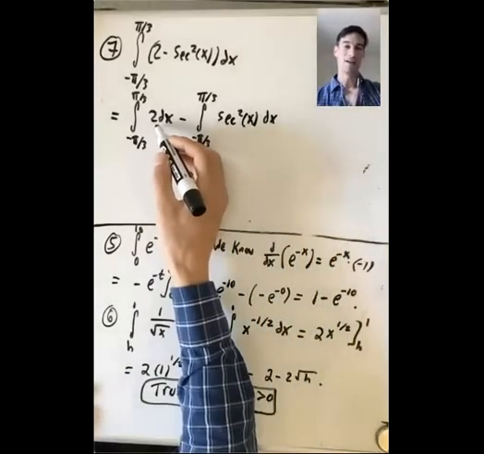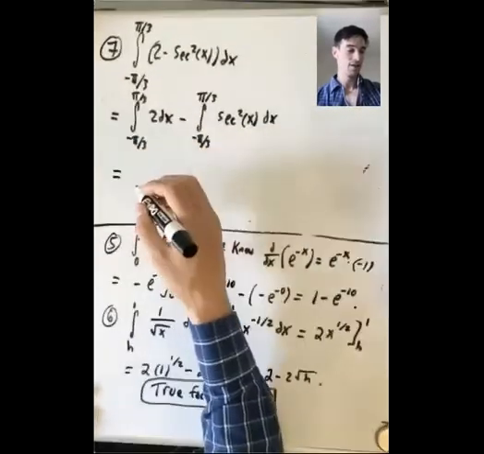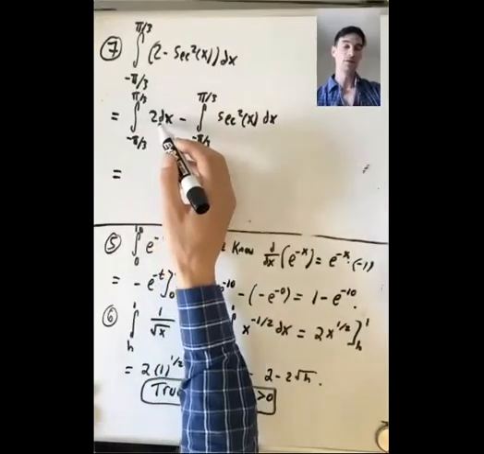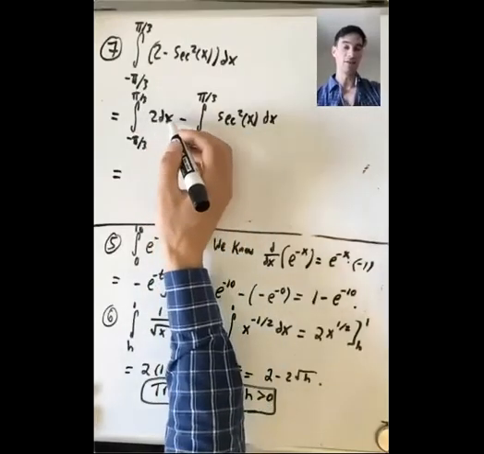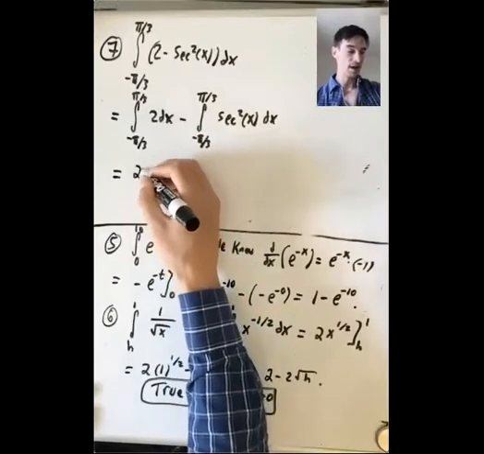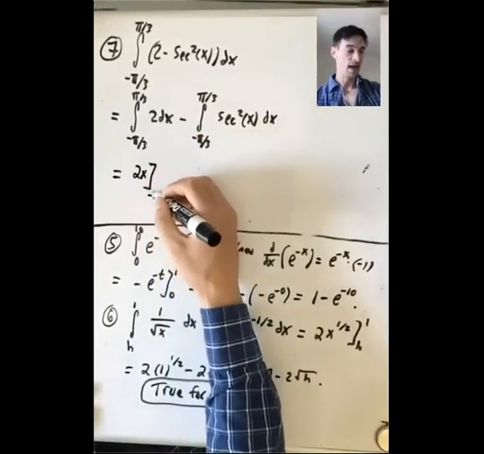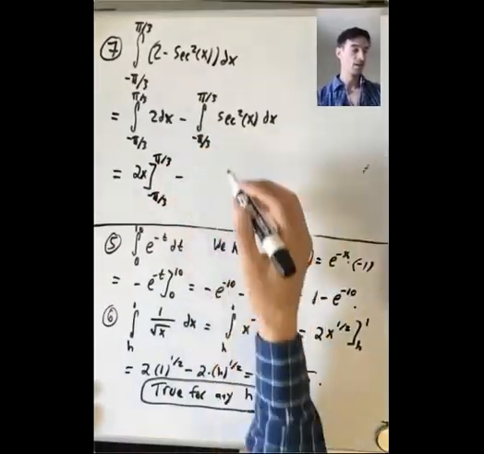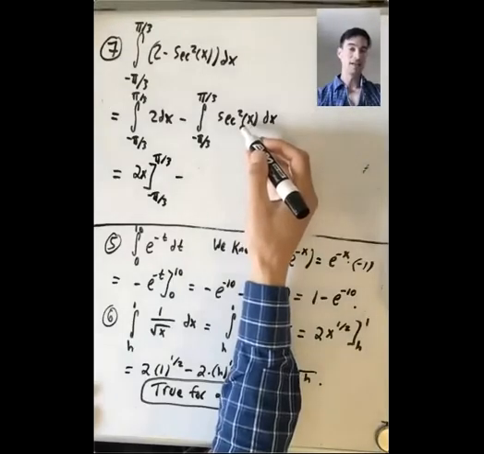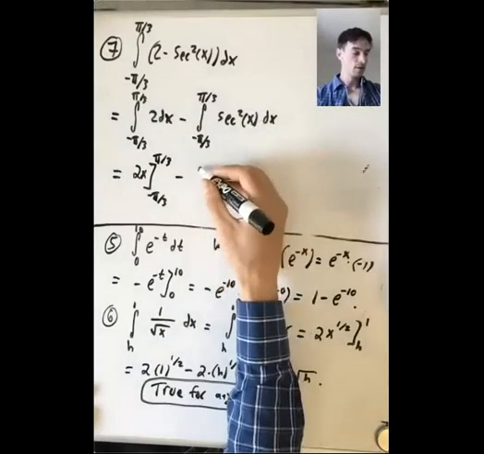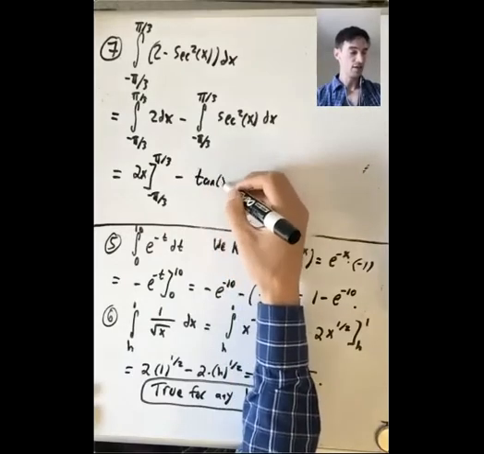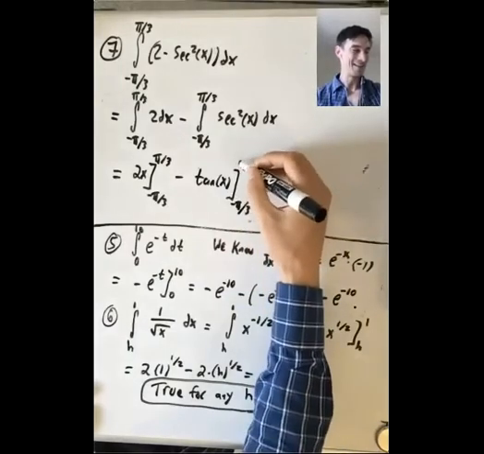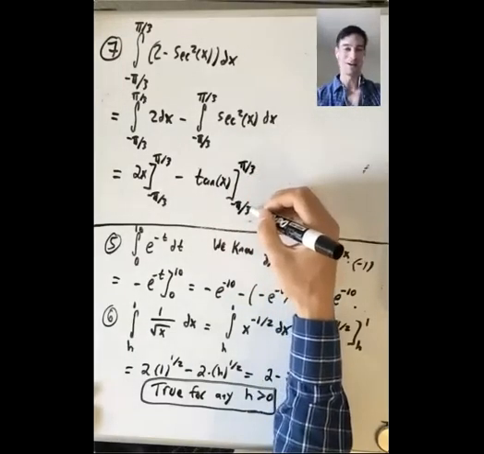I know the integral of a constant function. It's just c times b minus a. But you can also do it with FTC2 and say an antiderivative of 2 dx is the function 2x evaluated at the top endpoint minus the evaluation at the lower endpoint. An antiderivative of secant squared, that's one of the ones we know. We can take tangent of x evaluated at the top endpoint minus the evaluation at the lower endpoint.